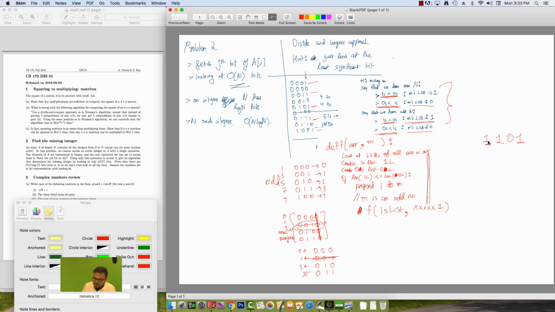Then at this spot, you need to put the 1, right? And then we call f with 1's list and then whatever m we have so far. So here we'll say m equals prepend 1 to m, and then send m back to it, okay?